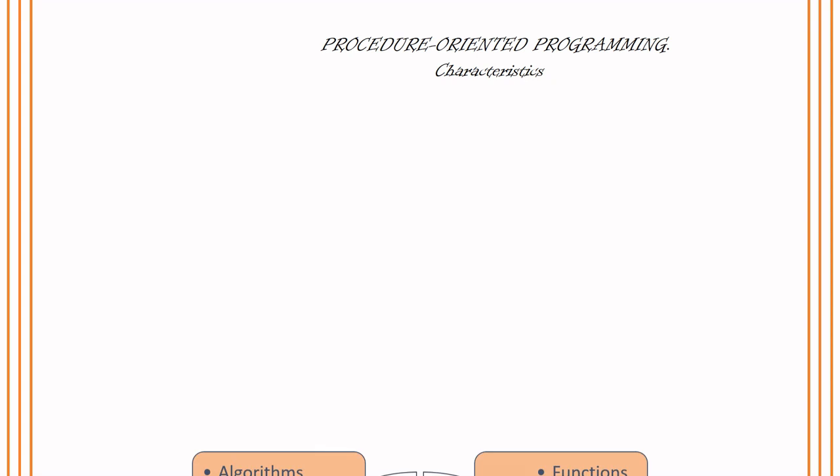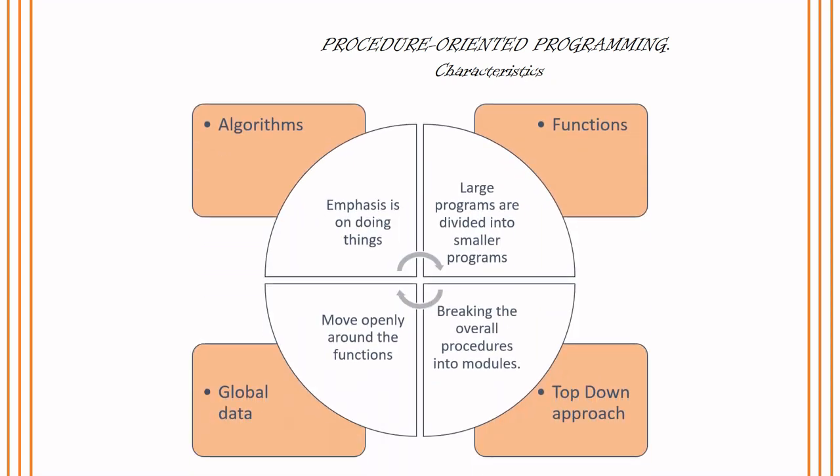What are the characteristics behind procedure-oriented programming? Emphasis is given to the data. The items are placed as global so that they can be accessed by all the functions. At the same time, each function can also have its own local data.